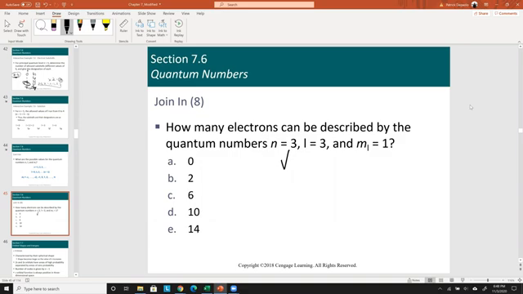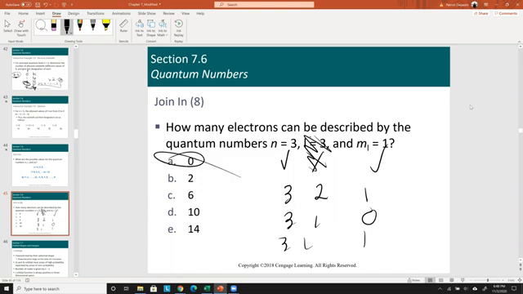L equals 3 when n equals 3, no way. ML is 1, sure, that works, but still, this can't work. To make this right, you'd have 3, 2, and 1. That would work totally fine because L is within the parameters it can be. Even 3, 1, 0, that would work, or 3, 1, 1, that would also work. So it's important to know those rules, to know what combinations can and can't work.